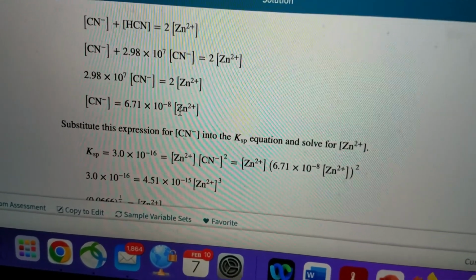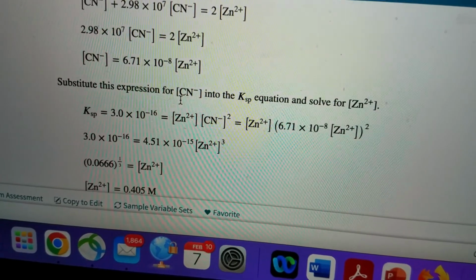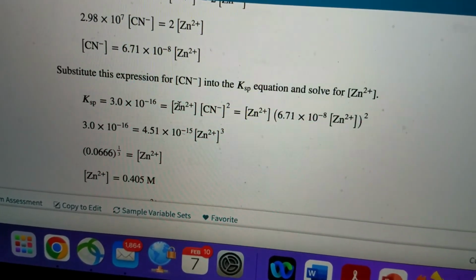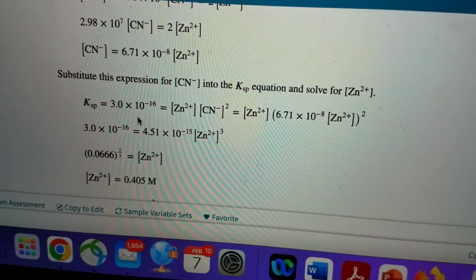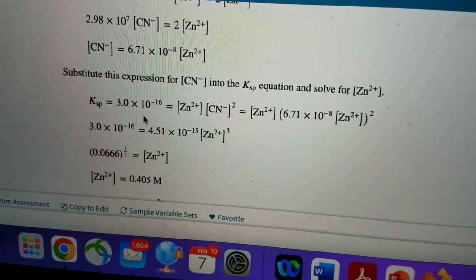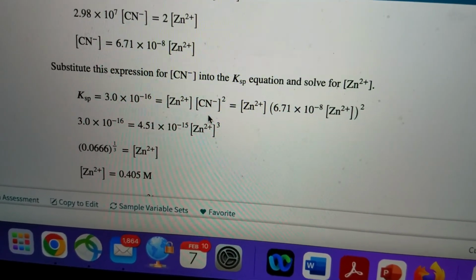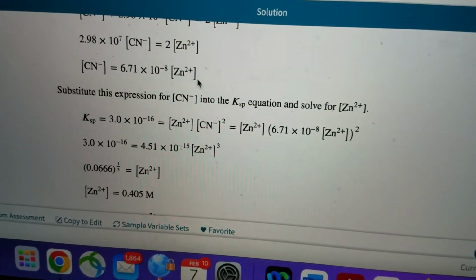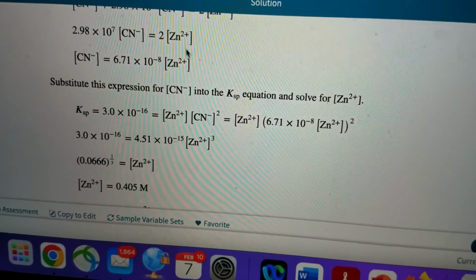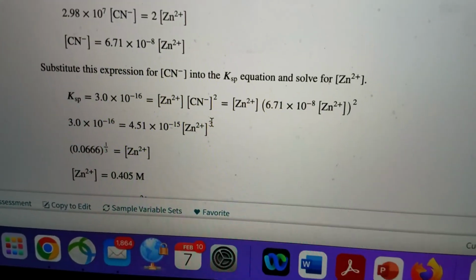That's the relationship. Now we can use another relationship to solve for zinc's concentration, and we have to use Ksp. Use the Ksp equation: zinc times cyanide squared, because the coefficient in that equation is a 2, so that's a 2 for cyanide.